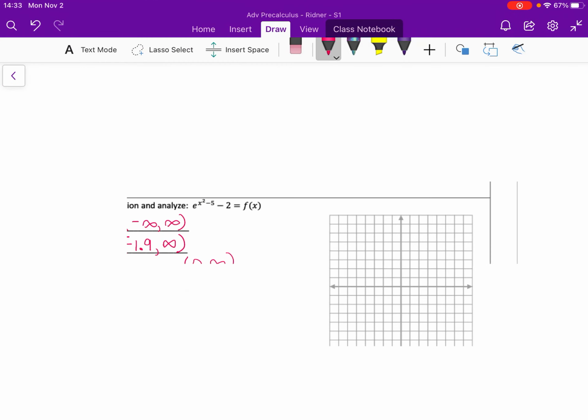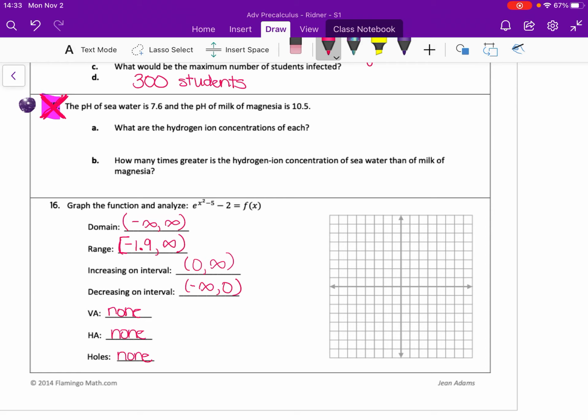And that concludes. Oh, you would want to give an example or approximation here and then graph it. But otherwise, you are finished with your review.